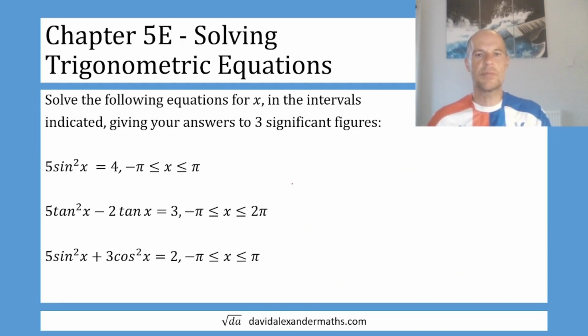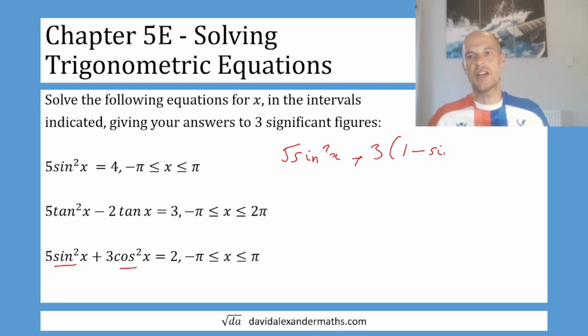Okay, for this final example, we've got a sine squared and we've got a cos squared. So what do we do? Well, hopefully you know that you can turn sine squareds into cos squareds, or cos squareds into sine squareds. So it doesn't really matter what we do, but let's go for 5 sine squared x plus 3 lots of, instead of cos squared, 1 minus sine squared x, and that equals 2.